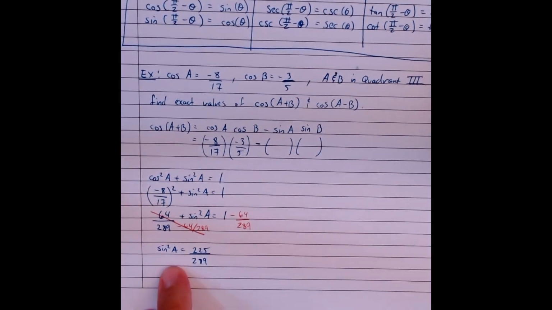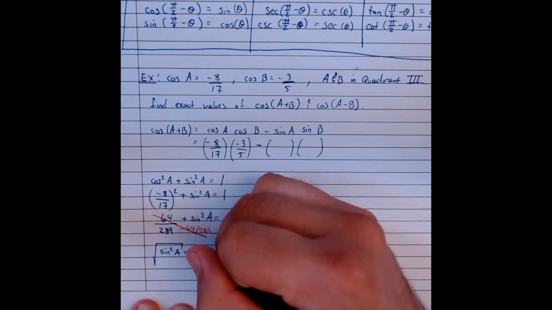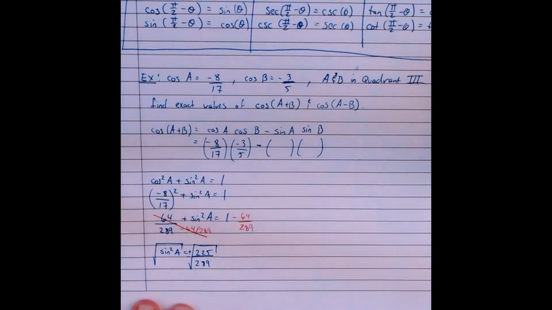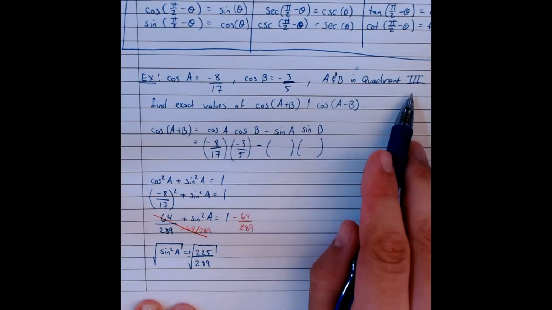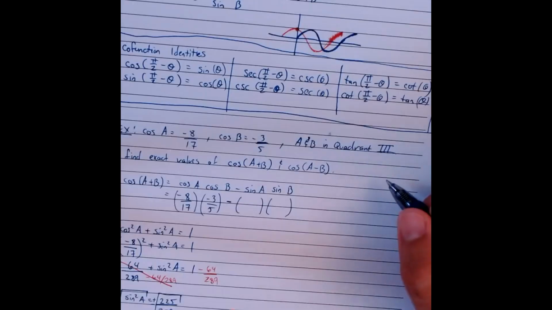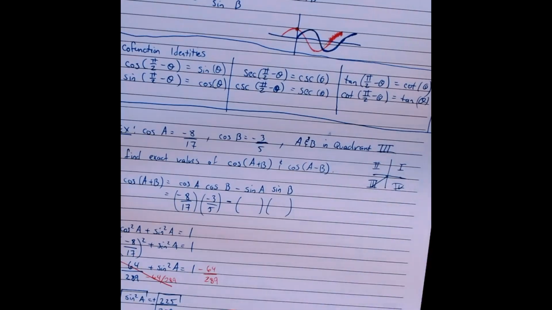And finally, I can take the square root of both sides to get my result. Now, when I take a square root, I have both a plus and a minus. But remember, the angle A is in quadrant 3. And in quadrant 3, sine and cosine are both negative. All right.